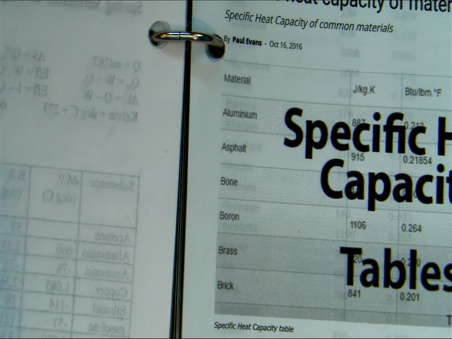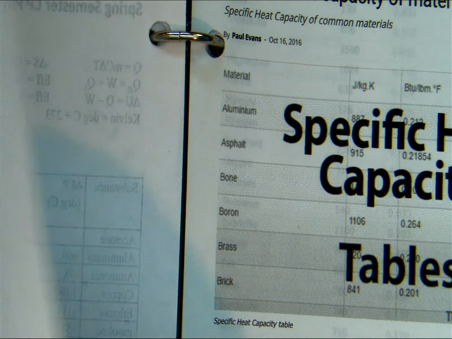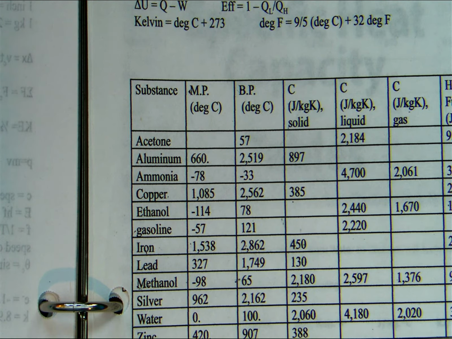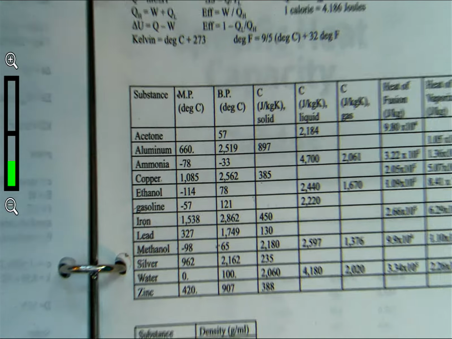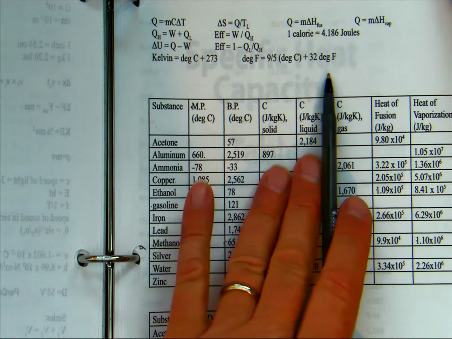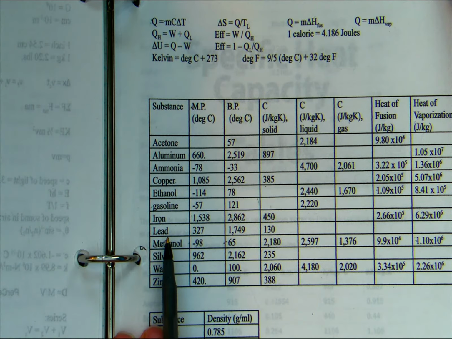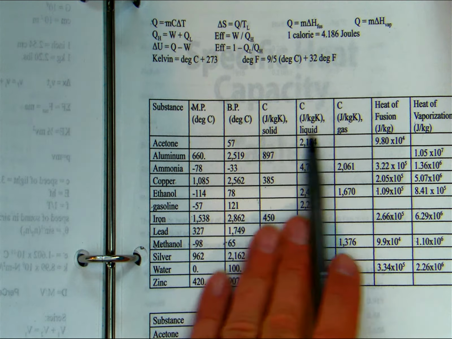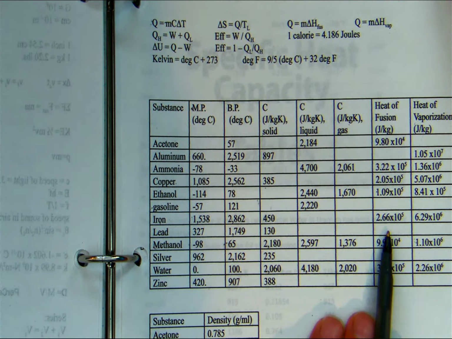You need to have the reference sheets handy dealing with the heat capacities of substances. So here is a reference sheet that I shared with you earlier in the semester. It has the heat equations on it, the temperature conversion formulas, and for these substances, the melting point, boiling point, specific heat in the solid, liquid, and gas states, heats of fusion, and heats of vaporization.